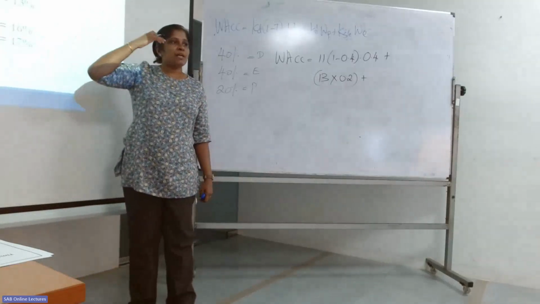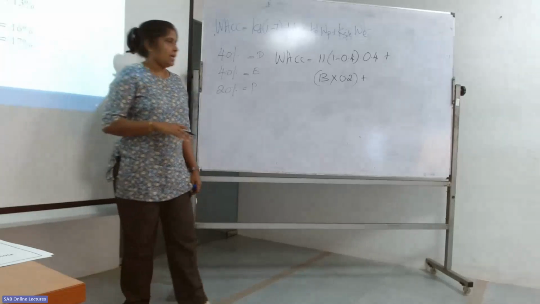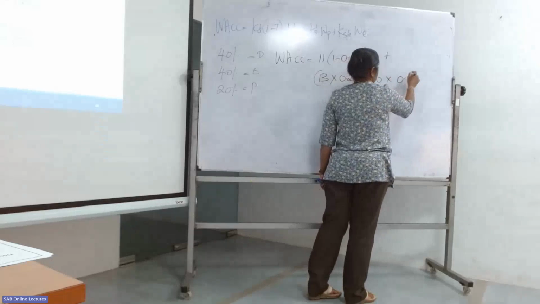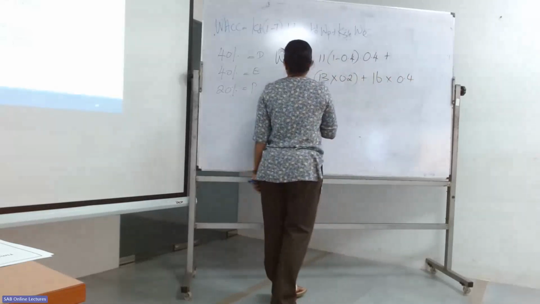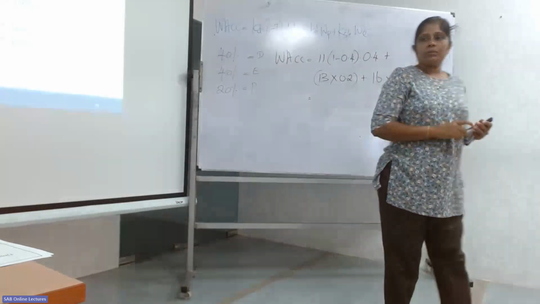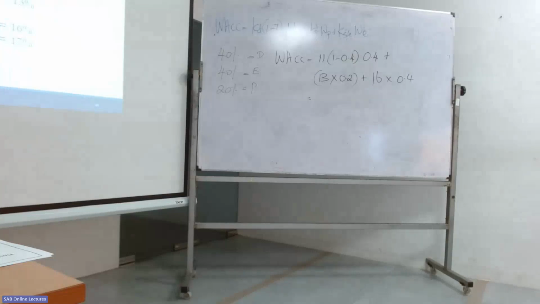Therefore, first we have to consider the internal equity, and the relevant cost is 16%. So 16% times 40%. Then you will get the WACC, weighted average cost of capital, for this ABC using retained earnings. How much is it?